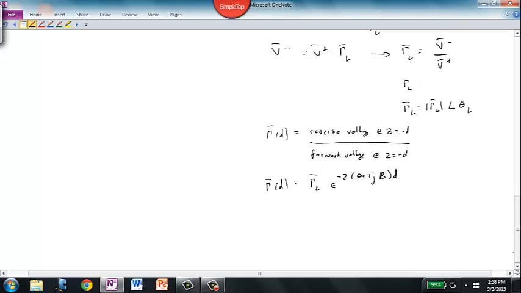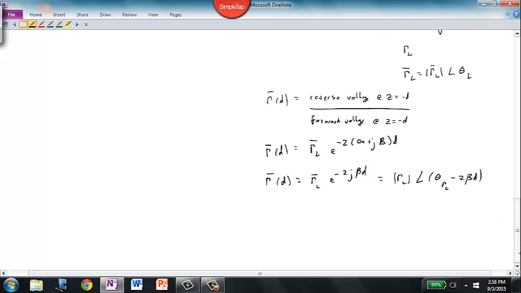For a lossless line, this reduces to the reflection coefficient at the load times e to the minus 2 j beta d, which is often how you see it written. In polar form, it's the magnitude of the reflection coefficient at the load at an angle of the original reflection coefficient angle minus 2 beta d.